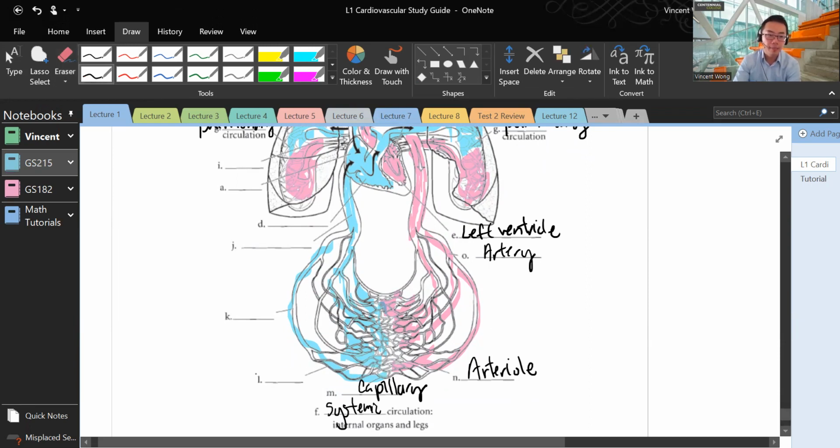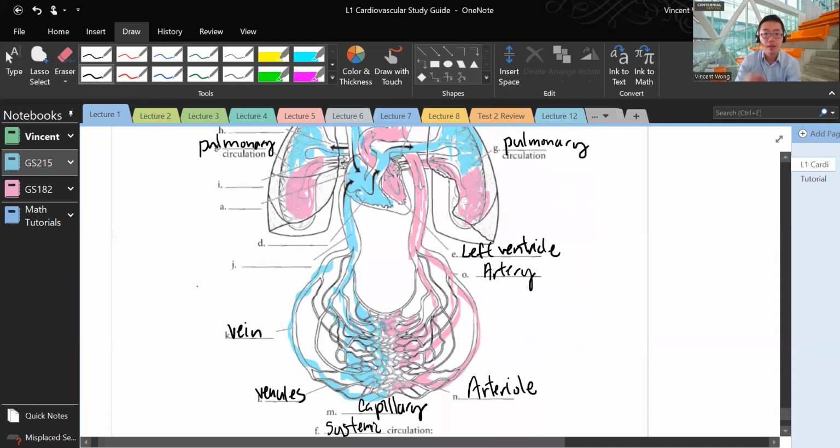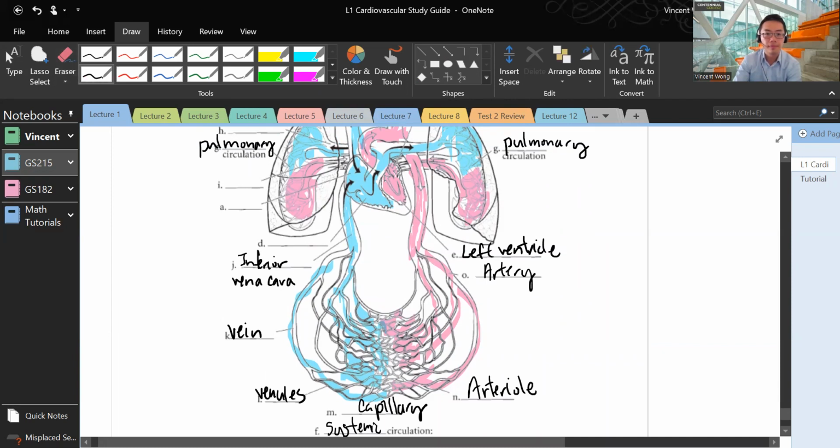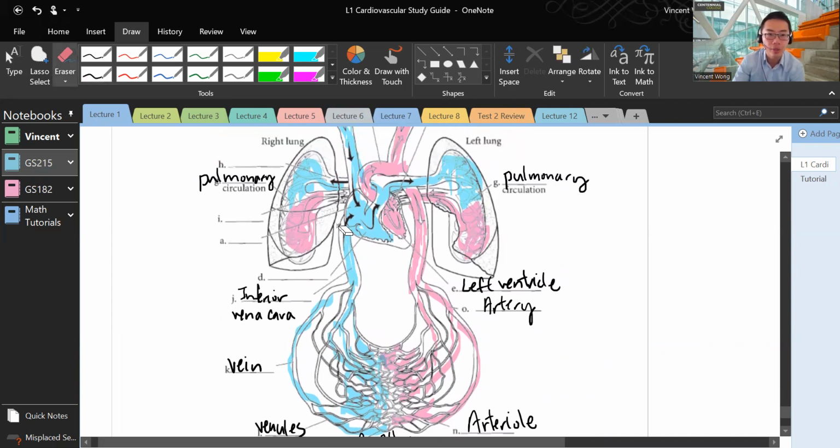And over here, it's going to become the venules before joining together to form veins. From the veins, it is going to go up here and become J, which is the inferior vena cava, before returning to the right atrium.